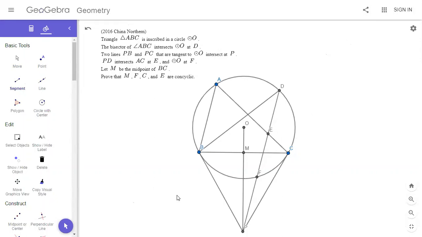Does drawing the median help? It could. So yeah, I'll draw this median. Let's see. I think maybe it's equivalent to saying ME is parallel to BD, I think, right? And then that would be an angle chase. Yeah, so we want to show ME is parallel to BD.